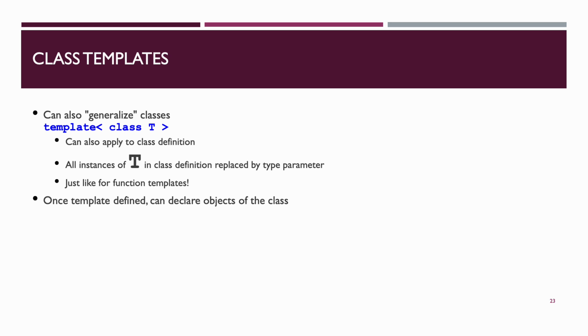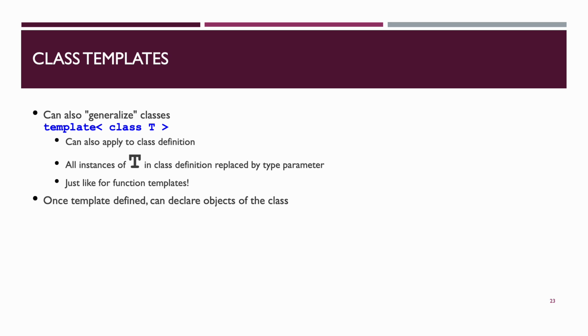So generalization of classes. Just like function templates, you can create class templates to generalize classes. The syntax is template class T, where T is a type parameter. In the class definition, every instance of T is replaced by the actual type specified when an object of the template class is instantiated.